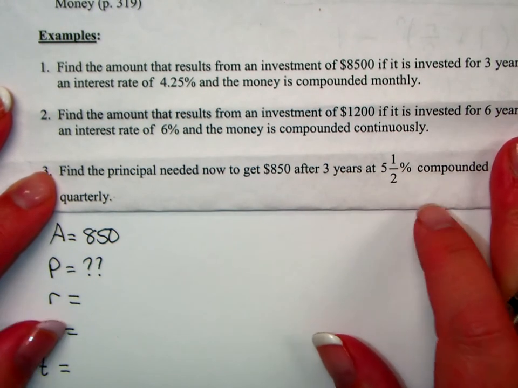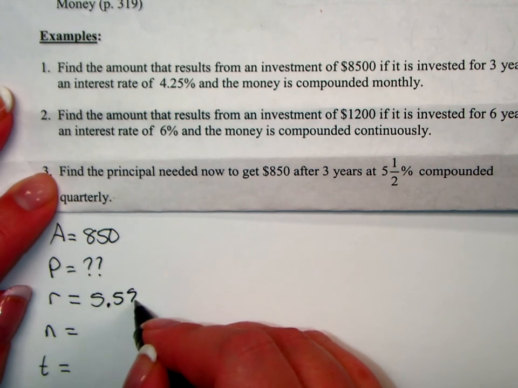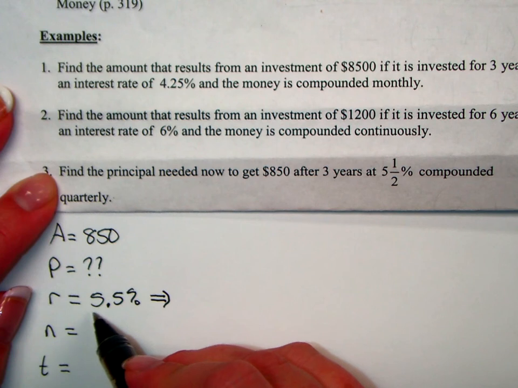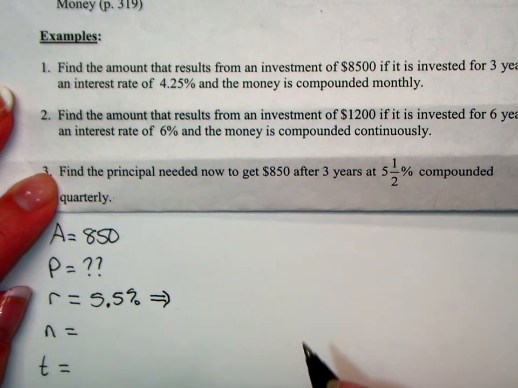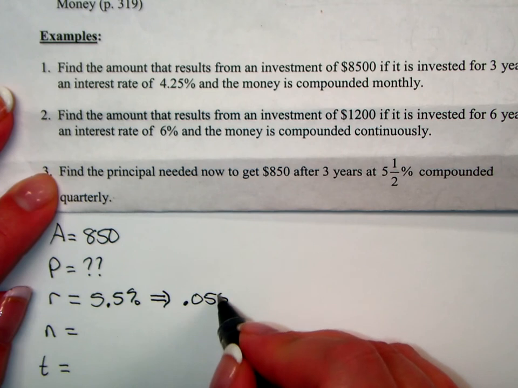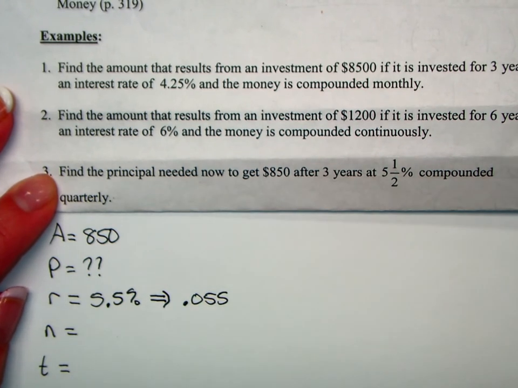So 5.5%, if I change that to a decimal, I'm going to move the decimal place to the left 2 times, and so I'm going to get 0.055. 0.055 is our interest rate.